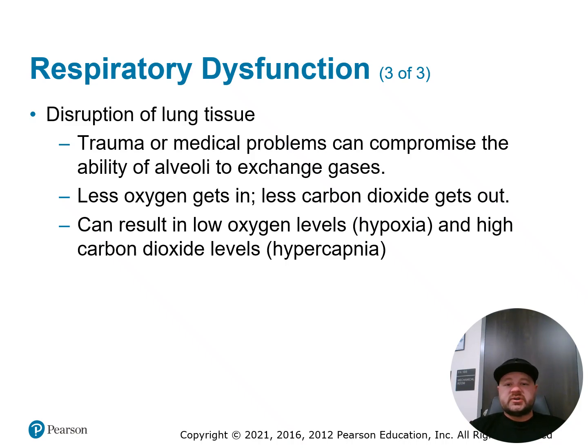If we have bronchoconstriction from COPD or asthma, or like we discussed in the last couple slides, something like trauma, if I have a penetrating wound and I have actual damaged lung tissue, that's going to compromise those alveoli. So less oxygen gets in, less carbon dioxide gets out. That can result in low oxygen levels or hypoxia, and then high carbon dioxide levels, hypercapnia.